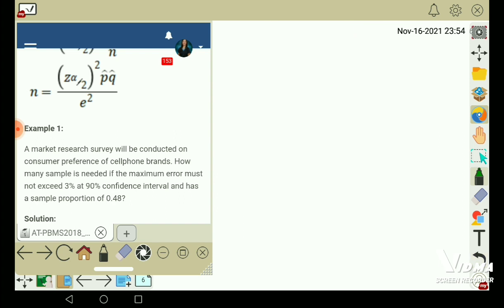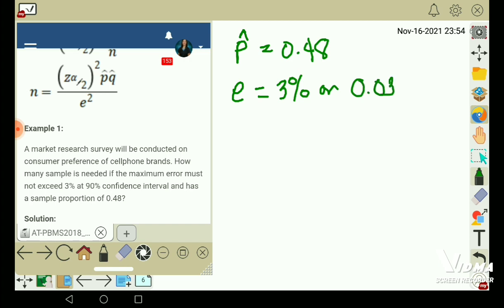So we can say that we have the sample proportion, which is your p hat, and that is given by 0.48. Your E, or your margin of error, another term for that is the maximum error or minimum error, is given by 3%, or 0.03.